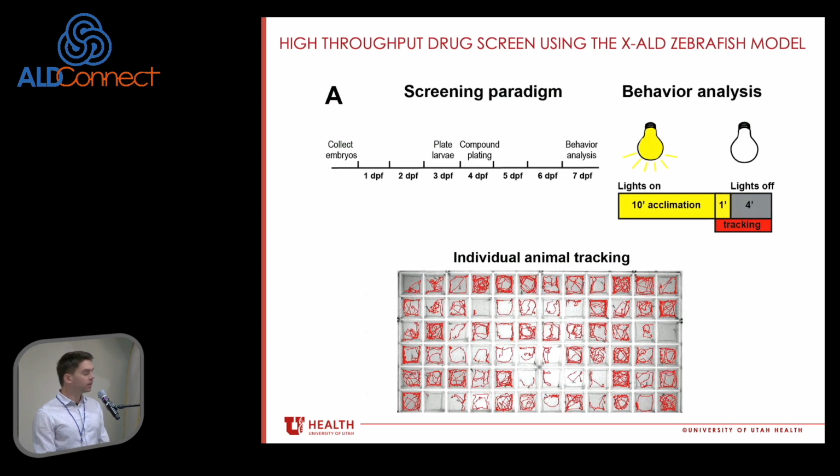So obviously, after noticing the motor phenotype of this fish, we had quickly in mind that it would be a great model to start a large high throughput drug screen. And so we used the paradigm that I presented earlier, treating the fish for about 3 days with different compounds and measuring their swimming behavior at 7 days with this light-evoked response, recording for 5 minutes their behavior.